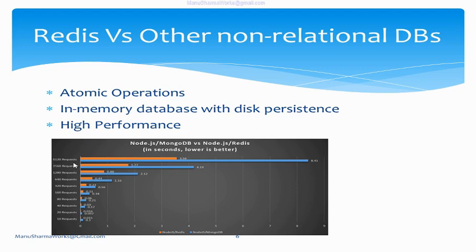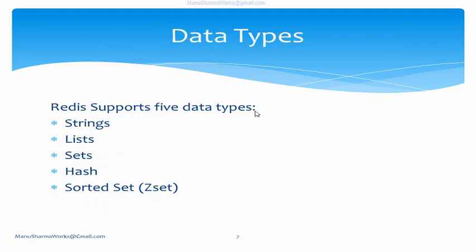For 5,120 requests, the Redis database took only 3.56 seconds, whereas MongoDB took 8.41 seconds. So we can say it's more than 200% faster than MongoDB. It is a high-performance in-memory database with disk persistence, and it has atomic operations.